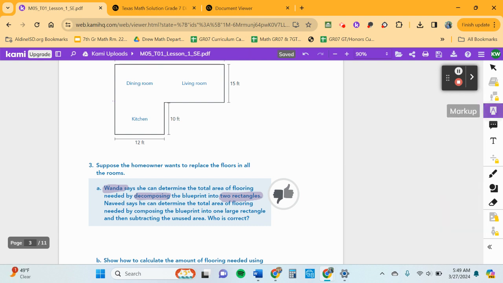Naveed says that he's going to compose the area into one large rectangle, find the area, and then subtract the unused area. Which one of those is correct? So think about that. Set a timer for 1 minute and discuss with your neighbor. 1 minute. Pause here.